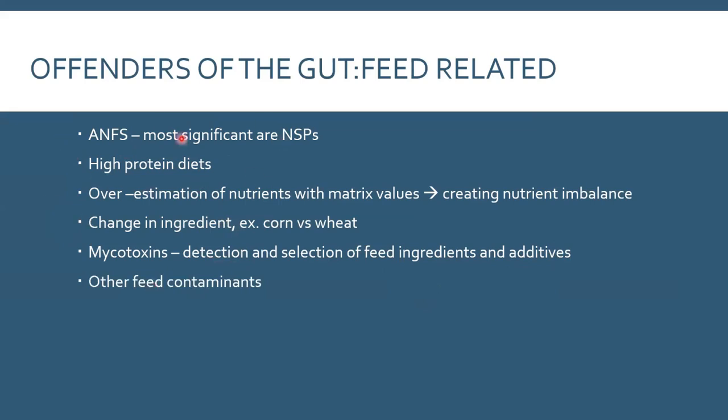So aside from these factors, there are also other feed contaminants. Although this is not particularly feed related, coccidiosis is one of the important factors that we must consider when we are trying to maintain good gut health. Sometimes we overlook the detection or determination of the status of coccidiosis in our flock.